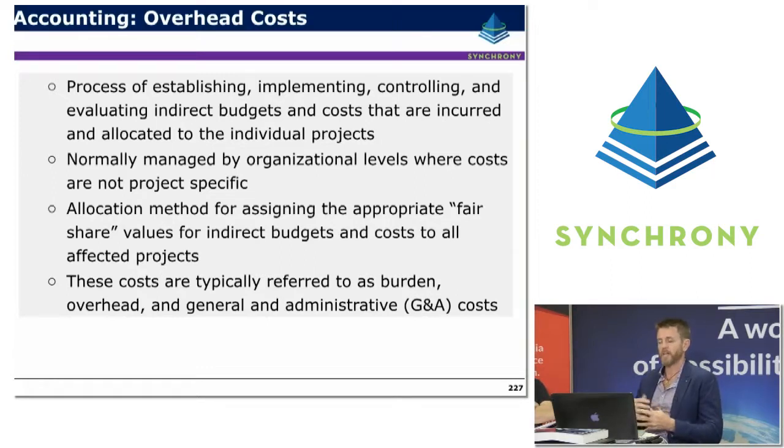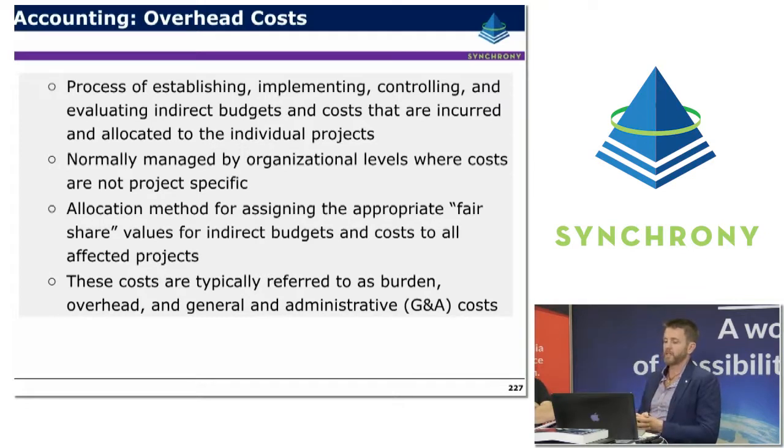But it's important to at least have an understanding of what that method is, so that as budgets are being established and baselines are being set, there's a clear understanding of what contribution those overhead costs have to those budgets. And down the track, the idea is to be able to separate those costs so that it's fairly clear if there's a change in the arrangement for overhead costs, for example, that it's not disrupting the earned value reporting process.